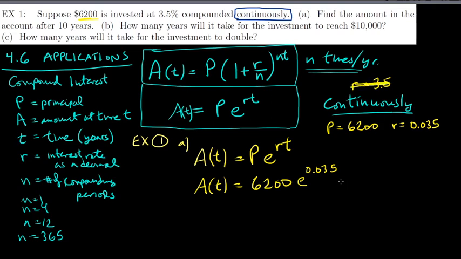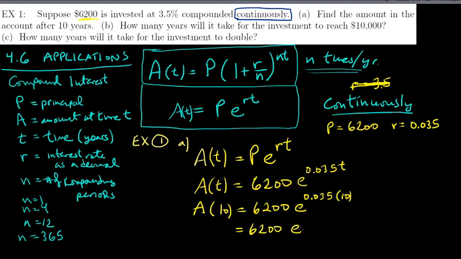It's 0.035 times t, and in this case t is 10. So plug in t equals 10. You get 6,200 times e to the 0.035 times 10, which is 6,200 times e to the power 0.35.